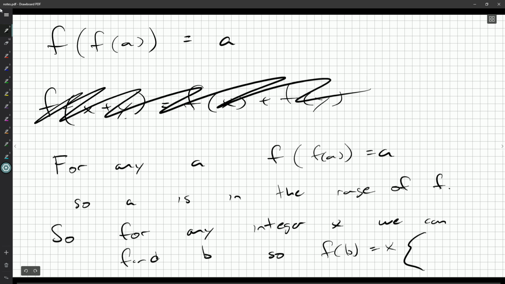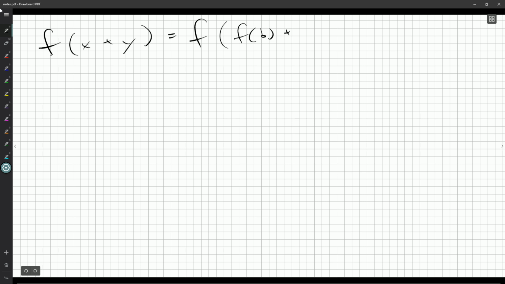Oh, that's kind of cool. Let's say, namely, b is f of x. I'm just mentioning it so that you know what I'm talking about. Okay, well then, f of x plus y would be f of f of b plus y. And so then what does the f sort of do?